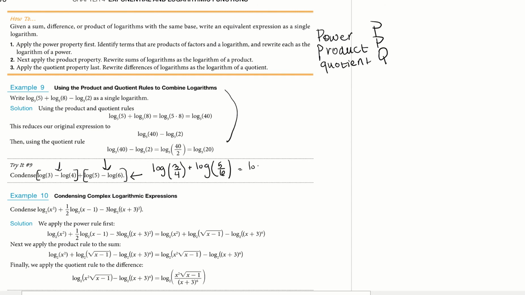And that's going to give me log of 3 divided by 4 times 5 divided by 6. And now we can simplify those. So that gives me log, this is 2 times 3, so these 3's will cancel. So that gives me 5 over 4 times 2, that's 8. So we get log 5 over 8.